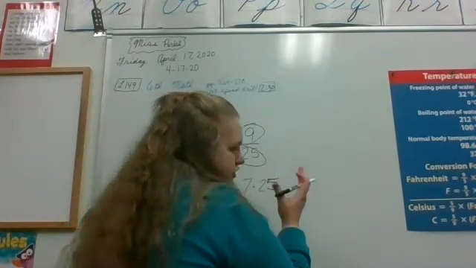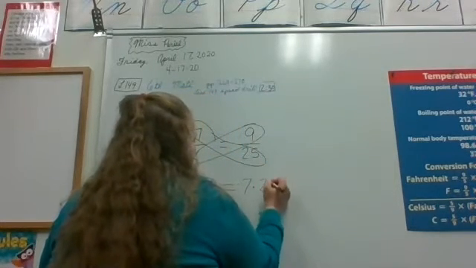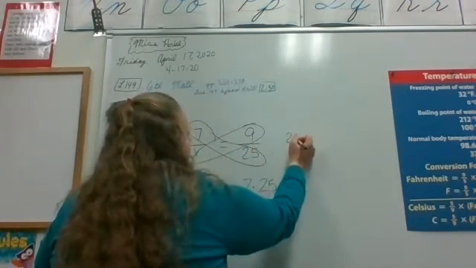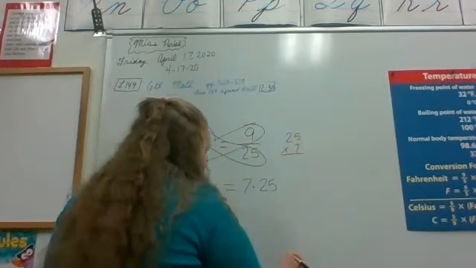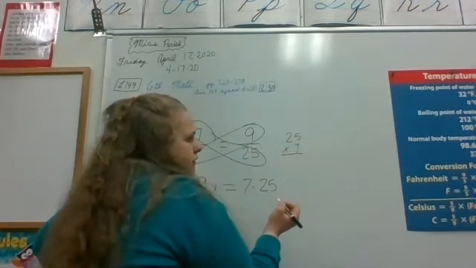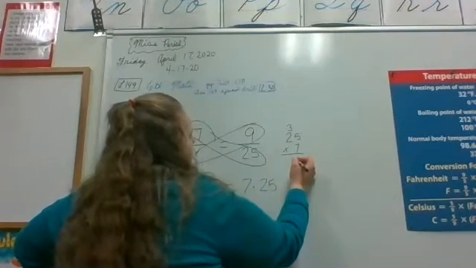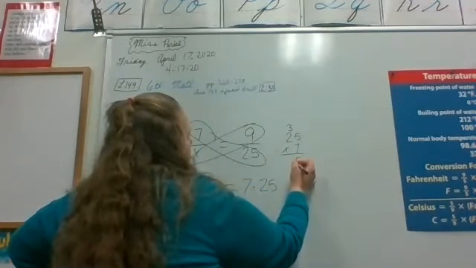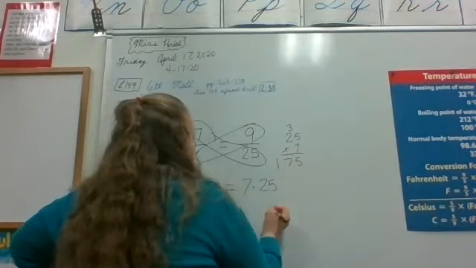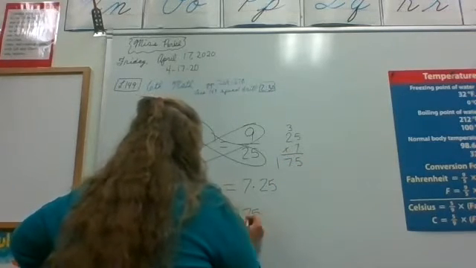Sometimes you'll be able to do the mental math and you won't have to write this out, and sometimes you have to write it out. So 25 times 7, I'm going to have to write it out because I am not remembering. All right, so 9x equals 175.